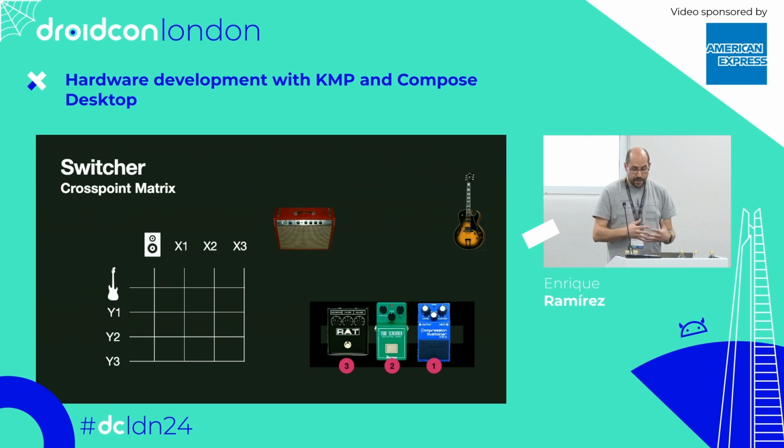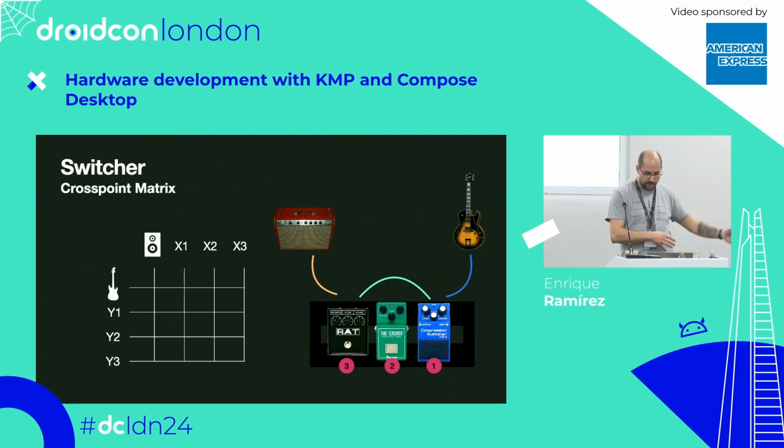So let's explain a little bit more in detail what this switch does. Let's take this super simple example. These switches are also called cross-point matrix. Imagine we have these 3 pedals, the guitar and the amp. Let's say we want to connect the guitar to pedal 1, which is a compressor, then from pedal 1 to pedal 3, which is a distortion, and then to the amplifier.